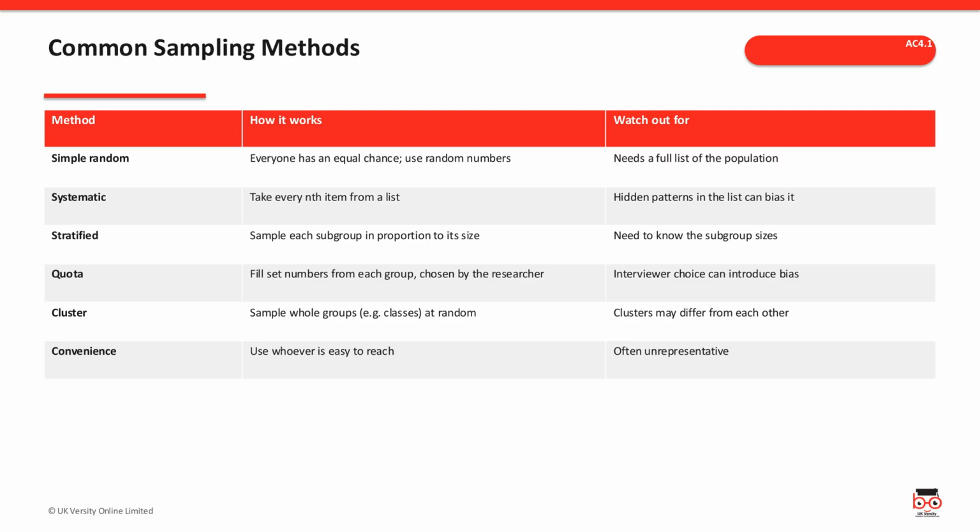Quota fills set numbers from each group, chosen by the researcher, where personal choice can creep in as bias. Cluster samples whole groups at random, like entire classes, but clusters may differ from one another, and convenience just uses whoever's easy to reach, which is quick but often unrepresentative.